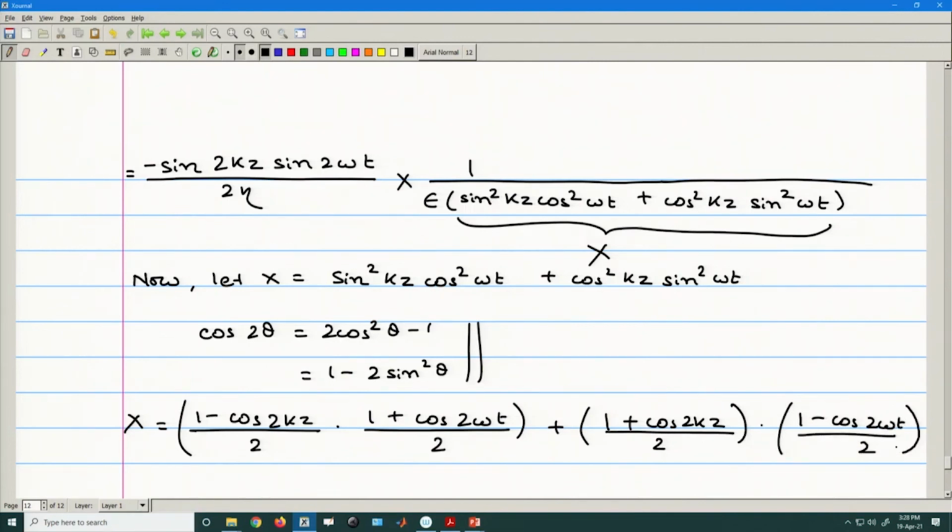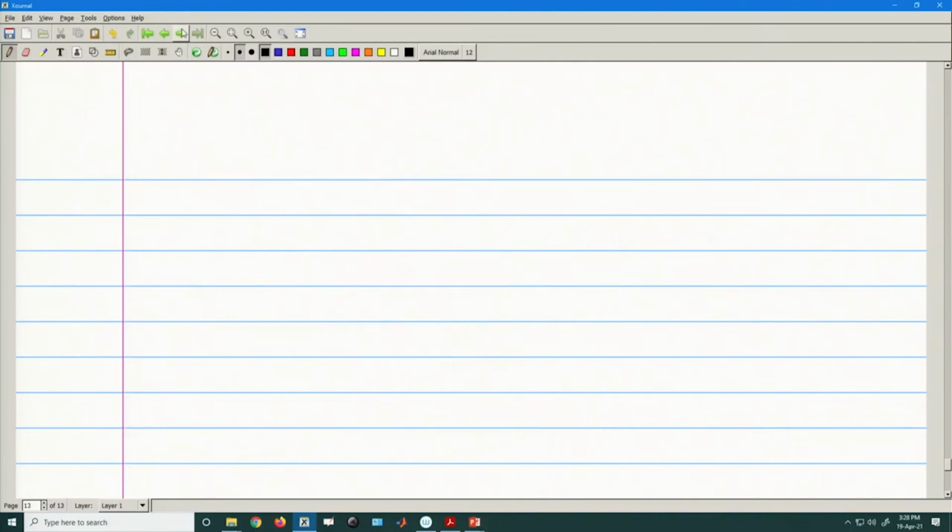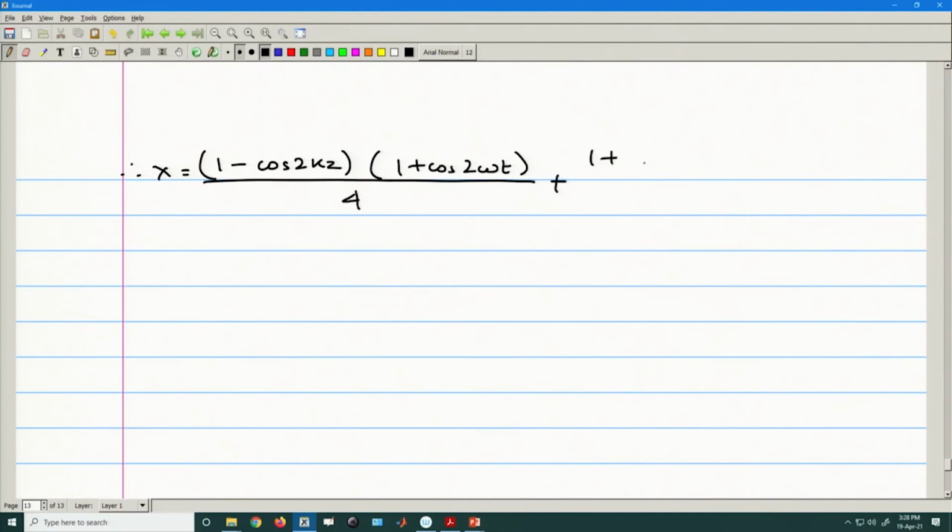Okay. Now, therefore, we can simplify it as 1 minus cos of 2 kz multiplied by 1 plus cos of 2 omega t by 4 plus 1 plus cos of 2 kz multiplied by 1 minus cos of 2 omega t by 4.